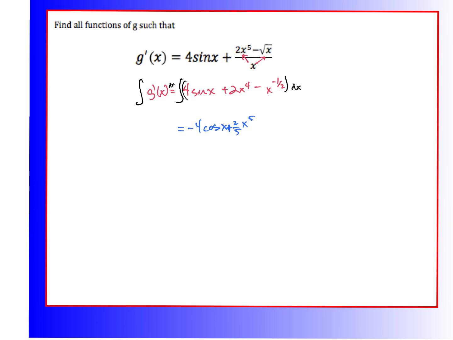And then this one trips people up at first. Now my new power is what? 1/2. X to the 1/2. And I divide by it, right? No, don't do that. Multiply by its what? Reciprocal. So I'm multiplying by what? 2. So I have minus 2 x to the 1/2. And then what? Plus c. So my g of x equation is that.